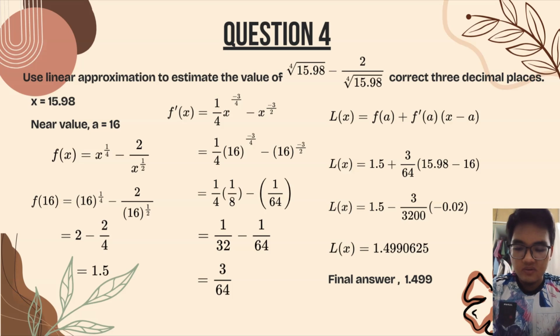For the 2 over x to the 1 over 2, it will be negative 2 x to the power of negative 1 over 2. So negative 1 over 2 will multiply with 2, so it will be positive 1 x. Negative 1 over 2 minus 1, it will be negative 3 over 2.